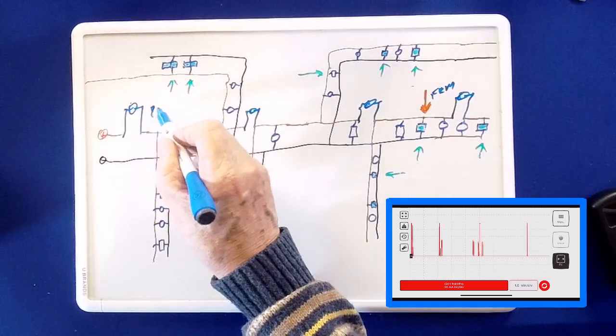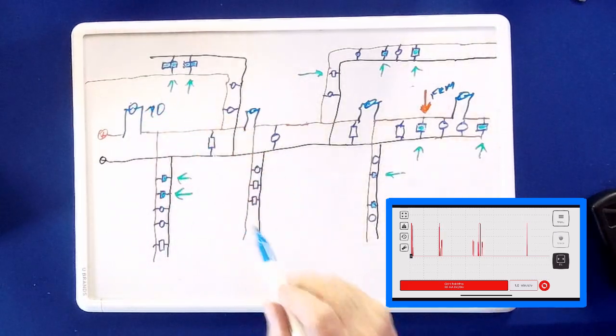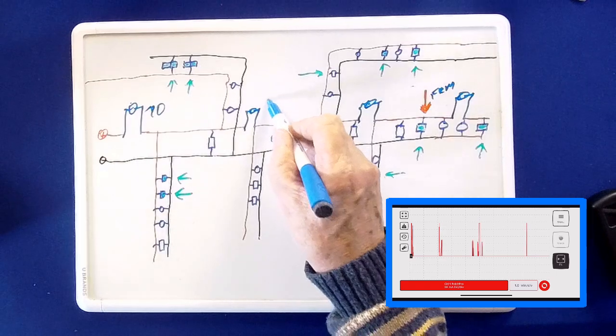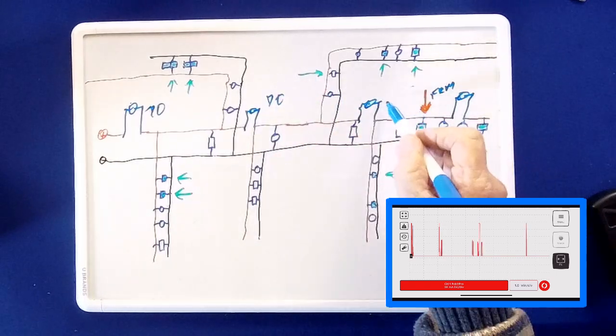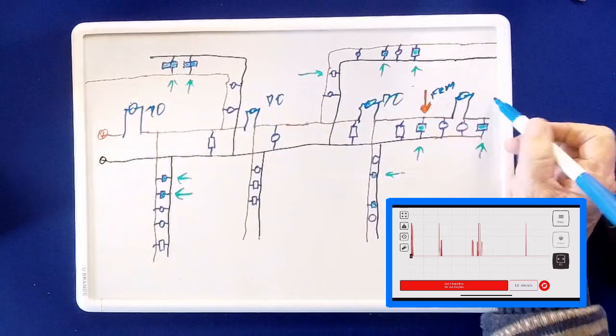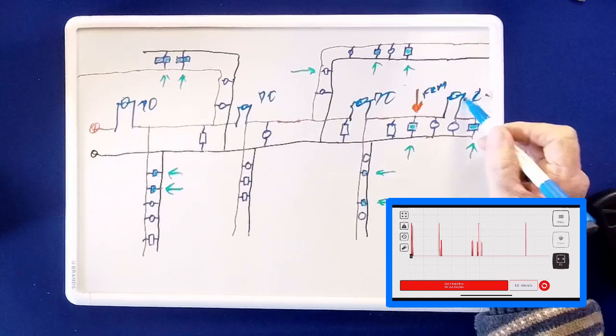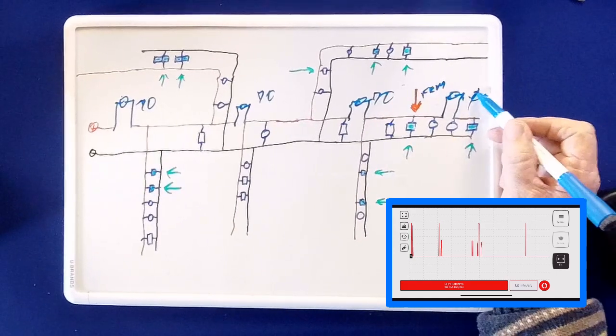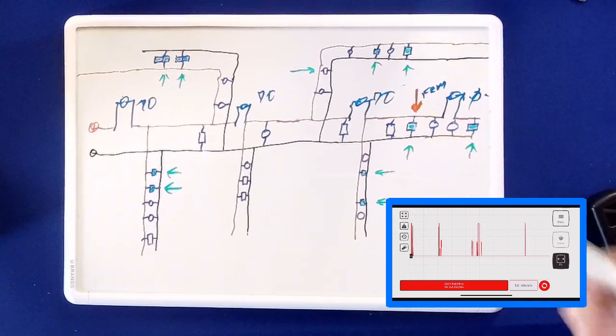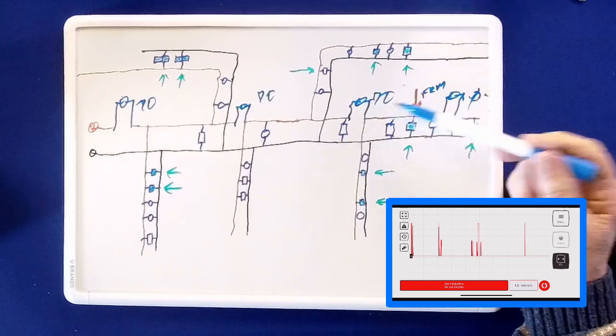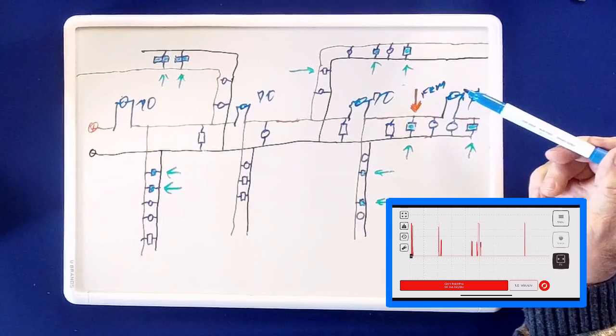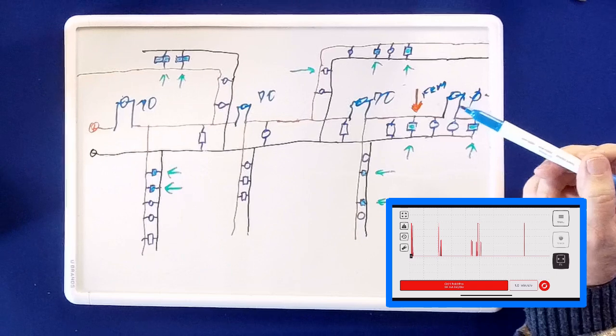You read this, you see spikes, about 70 milliamp spikes. You read here, you're reading about the same. You read here, you're reading about the same. You read here, you're reading about 0. So you know your problem is between these 2 points. So now, here's the thing.